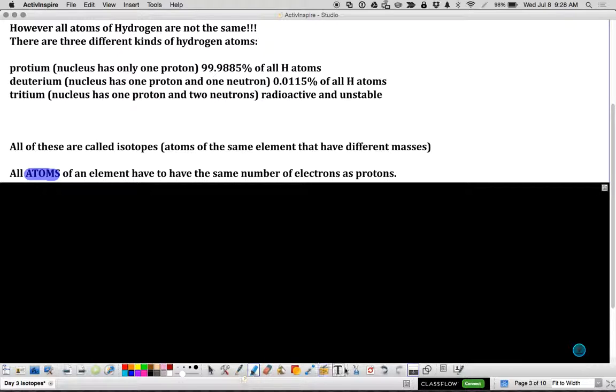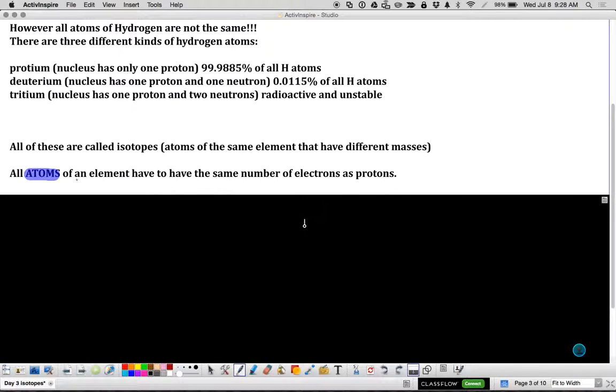I'm going to highlight this because it's pretty important. That is also important to remember. So if I have hydrogen, I know that hydrogen has 1 proton. So an atom of hydrogen must also have 1 electron.